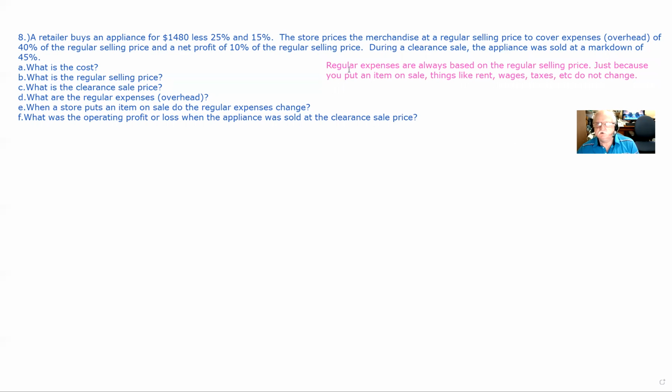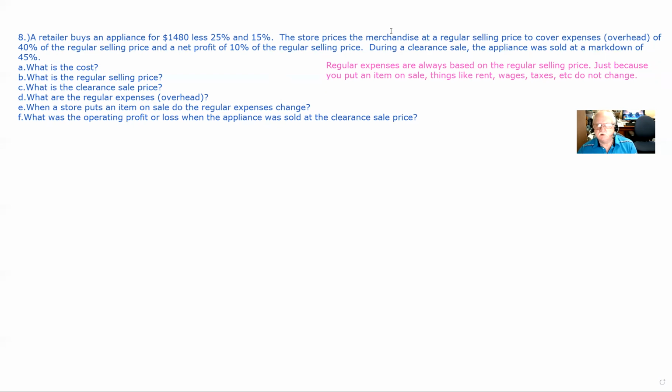So make sure you keep this in mind. The expenses are always based on the regular selling price. Just because you put an item on sale, things like rent, wages, taxes, and all the other costs of doing business do not change. So we can always calculate these based on the regular selling price, not the sale price or any other price.